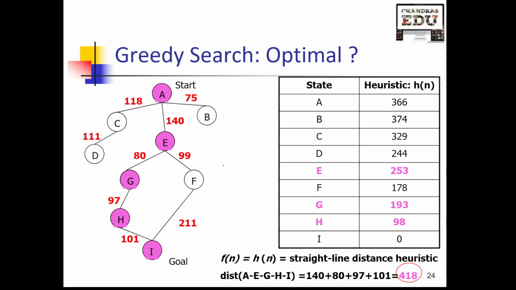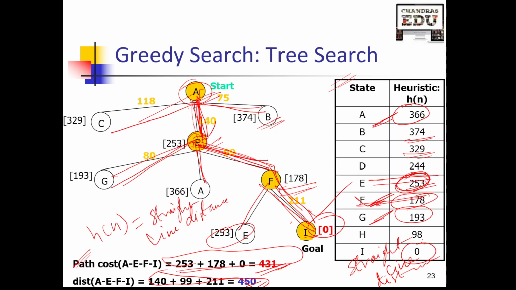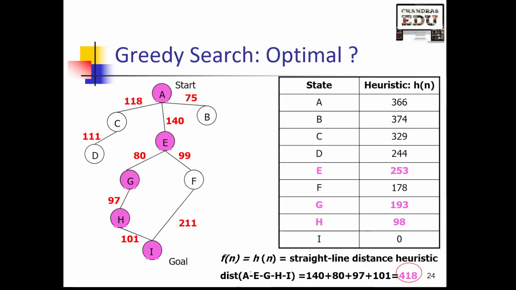So we can say that by using the straight line distance, we can reach the solution faster than the normal path cost approach. But we need to see whether it is an optimal one or not, so we need to look at different parameters.